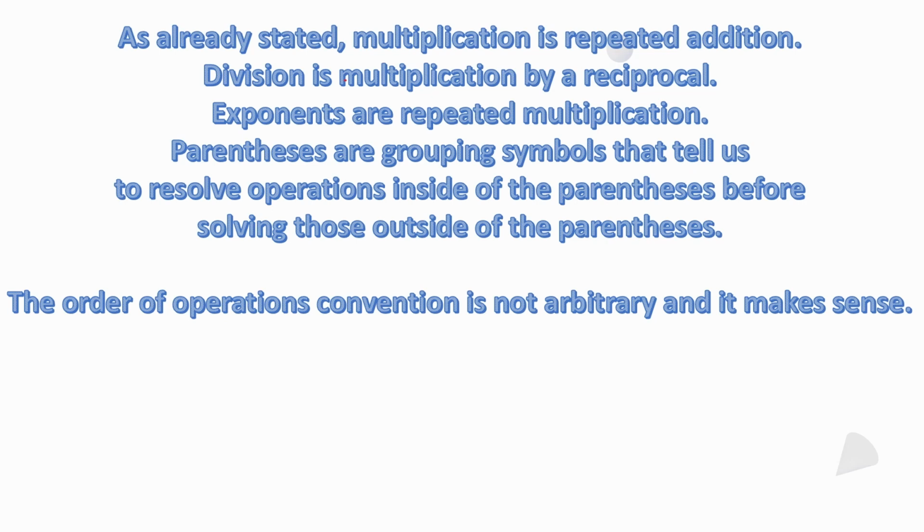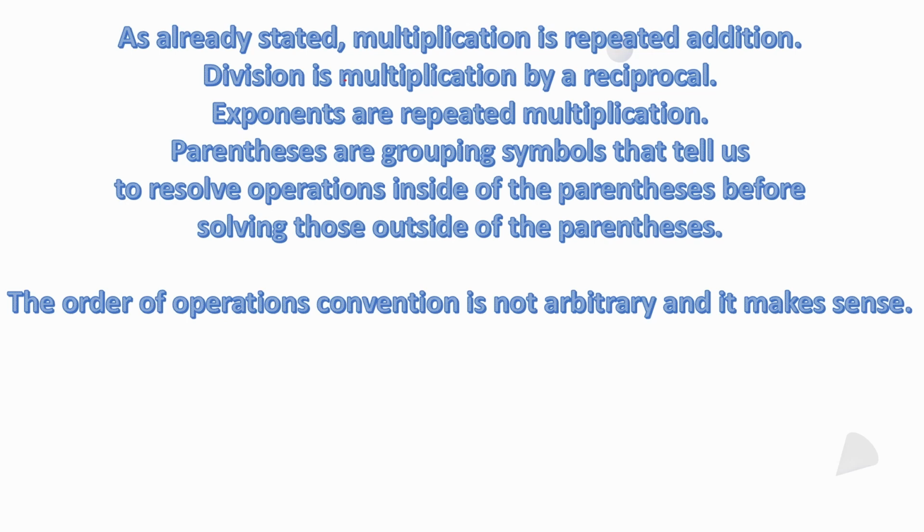And then when you get to parentheses, some people call them brackets, they're just grouping symbols. They're nothing special other than they're telling us to resolve all the operations inside of the parentheses before you solve anything outside of the parentheses. So if you have them, great. If you don't have parentheses in your problem, it doesn't really change anything as far as whether or not you use the order of operations.